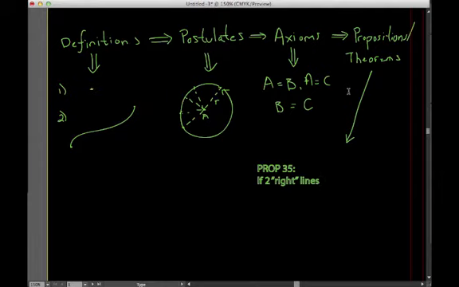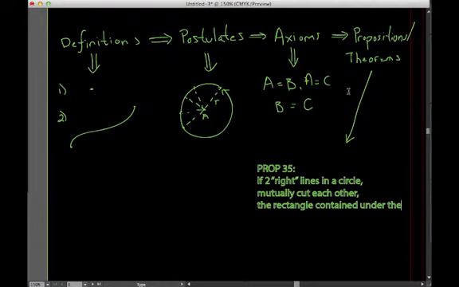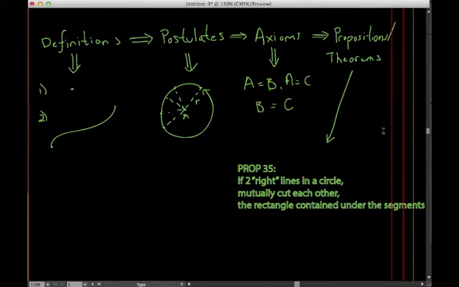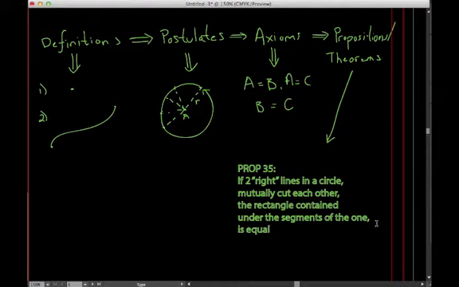If two right lines in a circle mutually cut each other, the rectangle contained under the segments of the one is equal to the rectangle under the segments of the other.